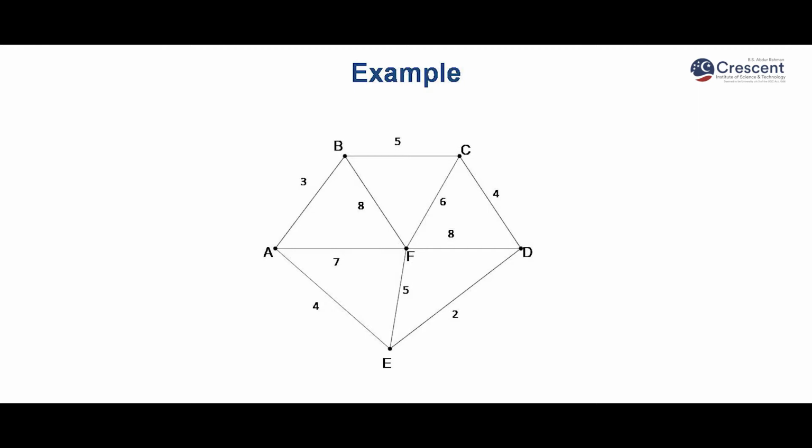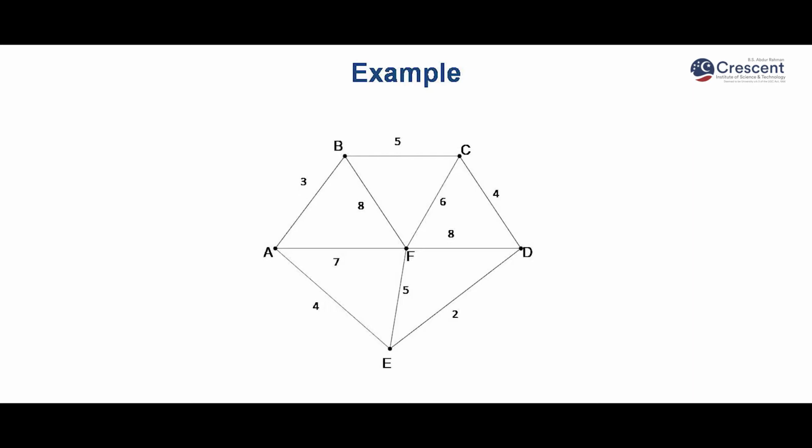For example, AB with weight 3, BC with weight 5, CD with weight 4, ED with weight 2, AE with 4, EF with 5, AF with 7, CF with 6, FD with 8 and BF with 8.